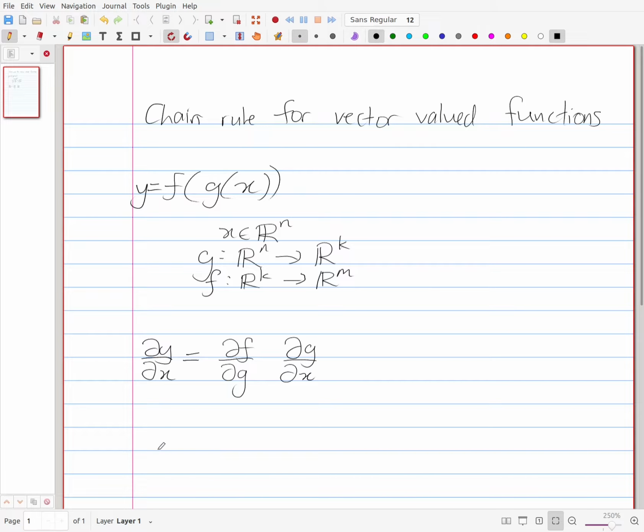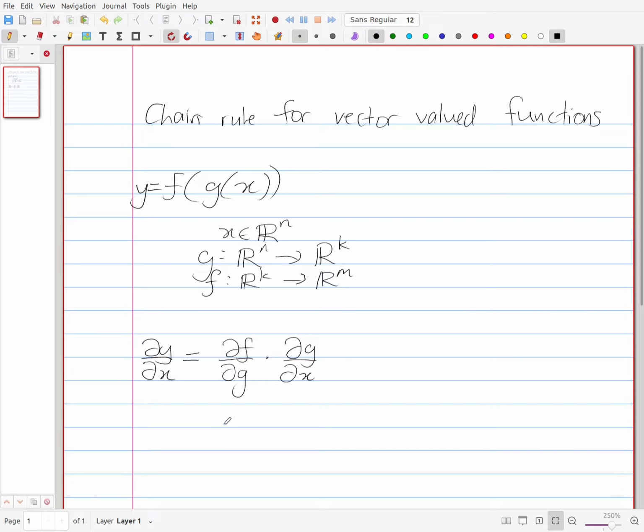I want to point out here that this looks exactly the same as the chain rule for scalar valued functions, except now we have these Jacobian matrices here. And instead of multiplying them, we take the matrix product.